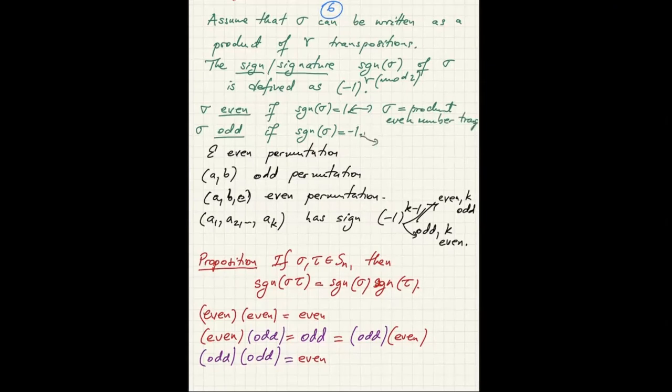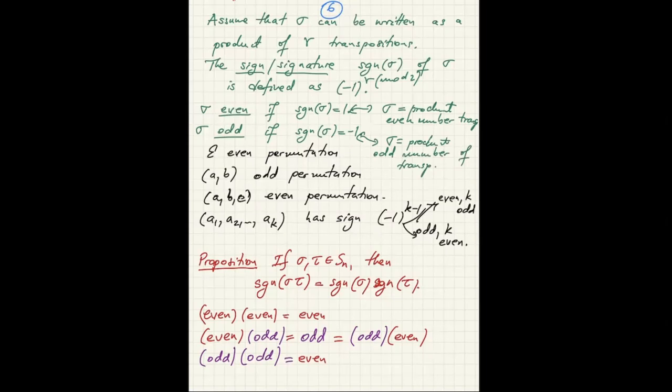And the same thing for odd: sigma is odd is the same thing as the signature being -1, which is the same thing as sigma being a product of an odd number of transpositions. Okay. So by our previous results, this is well defined.